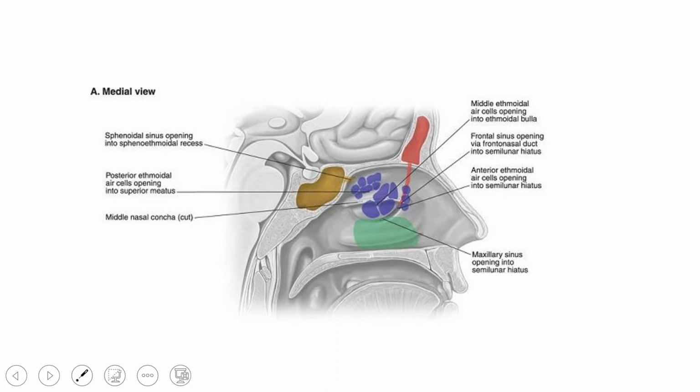The lateral wall of the nose receives the openings of all the paranasal air sinuses, as we can see in this picture shown in different shades of colors. The red indicates the frontal air sinus, which opens into the middle meatus of the lateral wall of the nose through the frontonasal duct.